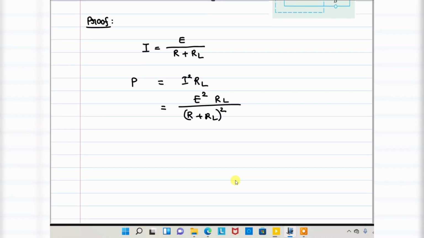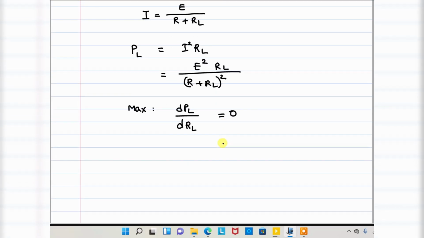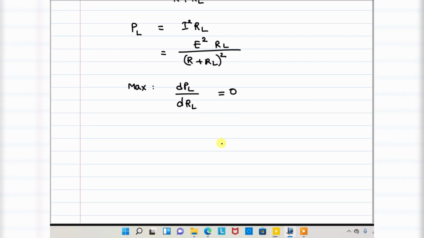To maximize the power, we apply differentiation: the derivative of the load power PL with respect to RL equals 0. This gives the ideal condition, load resistance equal to source resistance. So let us make the calculations.